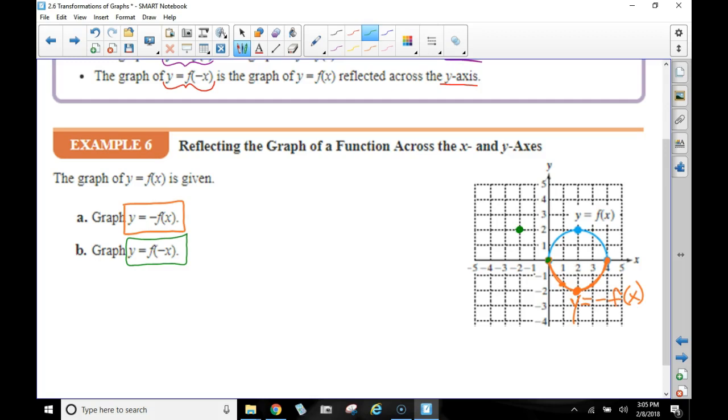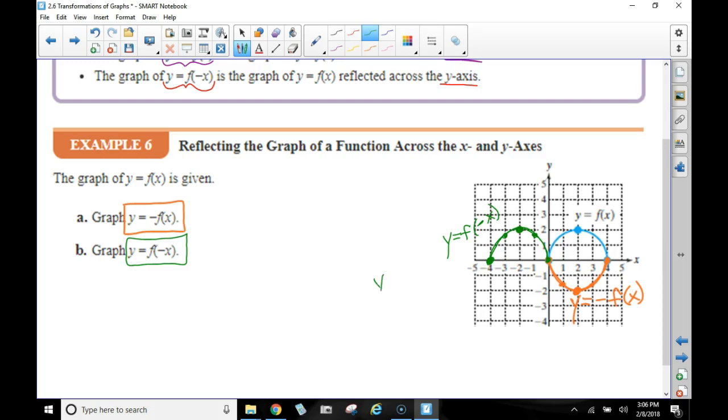And instead of 4, 0, we are now at negative 4, 0. We can also reflect some of those other points that we had to eyeball. But this little green semicircle that I am drawing in as best I can is the reflection of our parent function, the blue function y equals f of x, about the y-axis. And we knew we were going to have that because it was the function evaluated at a negative x.